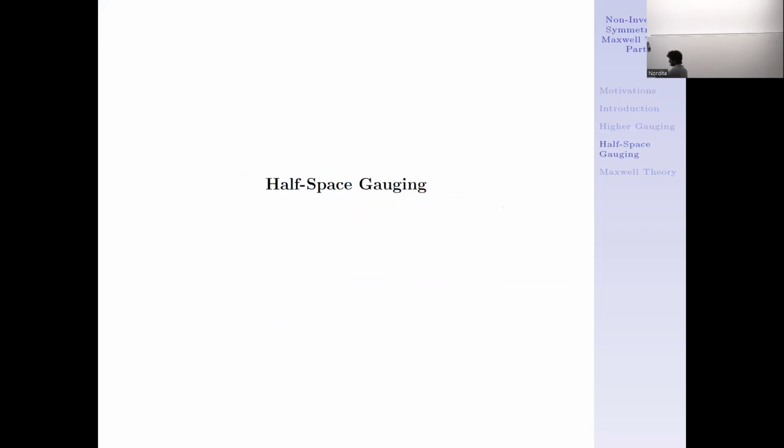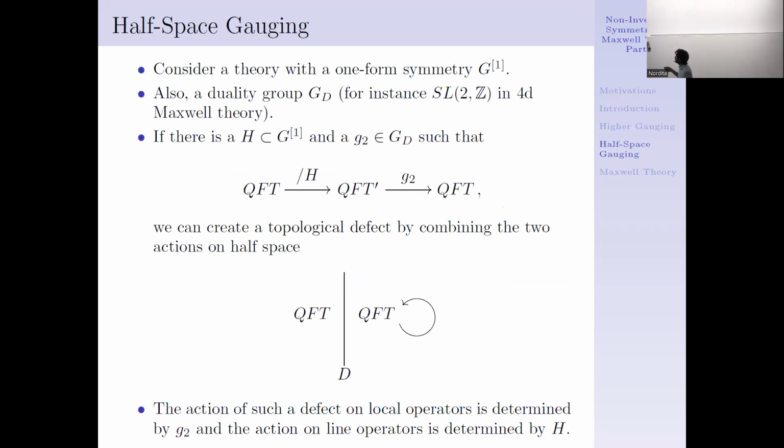Okay, so let me now quickly review what half space gauging is. I think it already appeared in 2 talks, but let me quickly review it. So let's start with a theory with a one-form symmetry G1 and also a duality group GD. In a moment, this is going to be our SL2Z duality group in Maxwell theory.